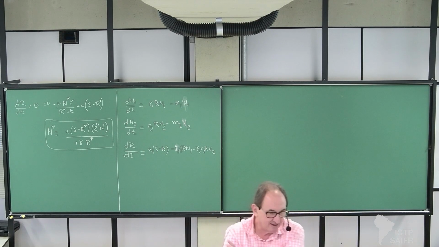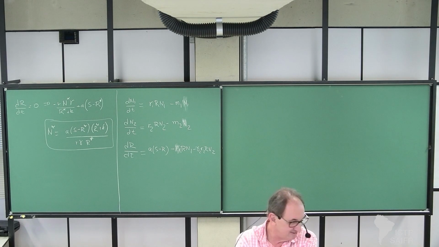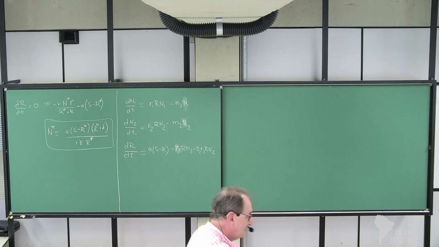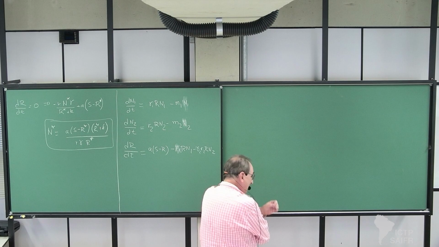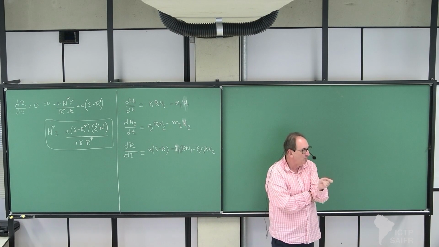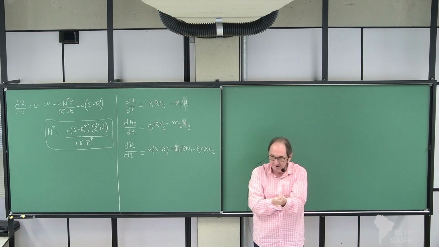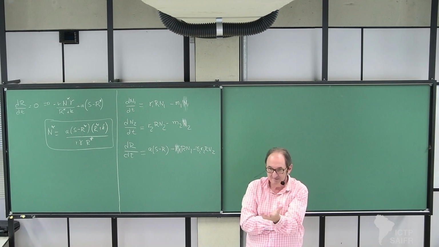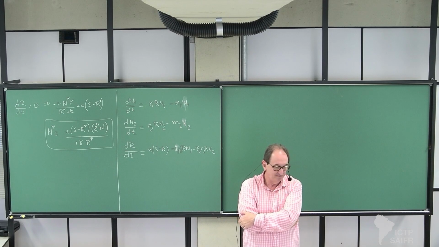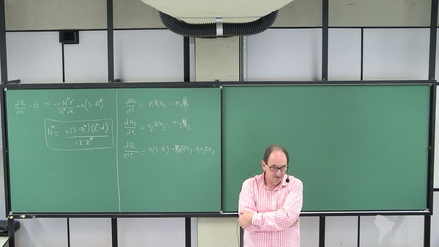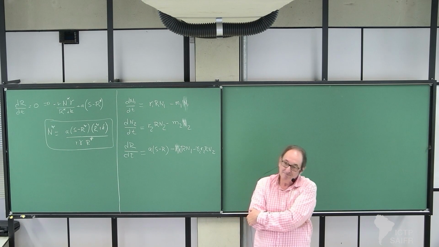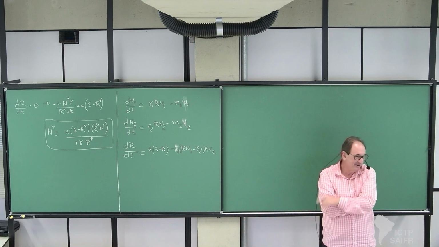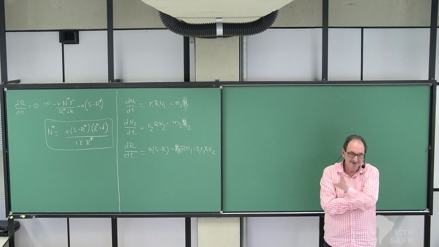Can there be equilibrium? The question is, is it possible to have a solution in equilibrium where N1 and N2 in equilibrium are different from 0? There's a very special solution, but I will explain in a moment.